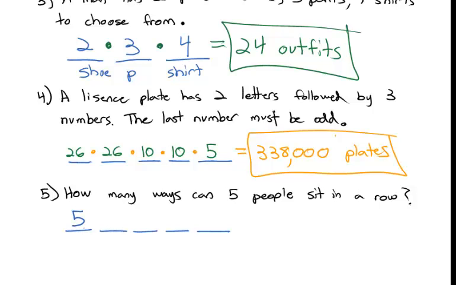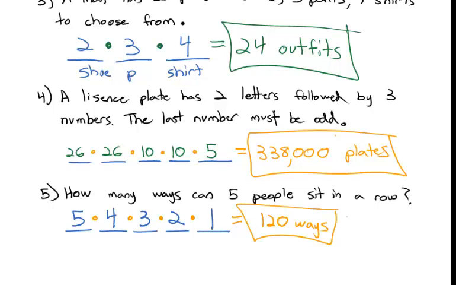Now that person is sitting, so when we get to the second person, there are 4 people left to choose to sit down in that seat. With them both sitting, there are now 3 people left for the next seat, 2 people left for the next seat, and only 1 person left for the final seat. 5 times 4 times 3 times 2 times 1 is 120 ways these 5 people can sit in a row.